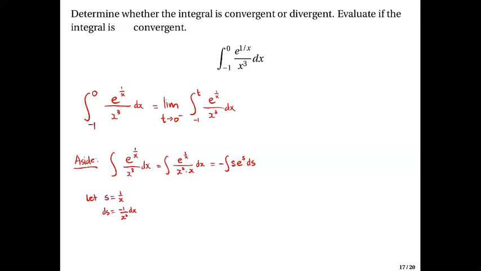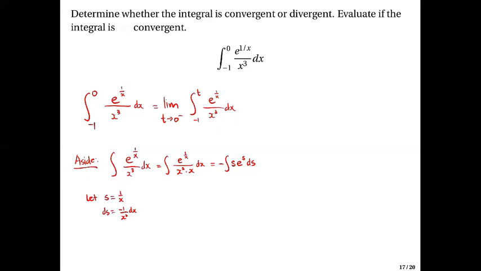And then there's still 1 over x somewhere there, so that's your s. And then the 1 over x squared together with this dx, that's your ds.